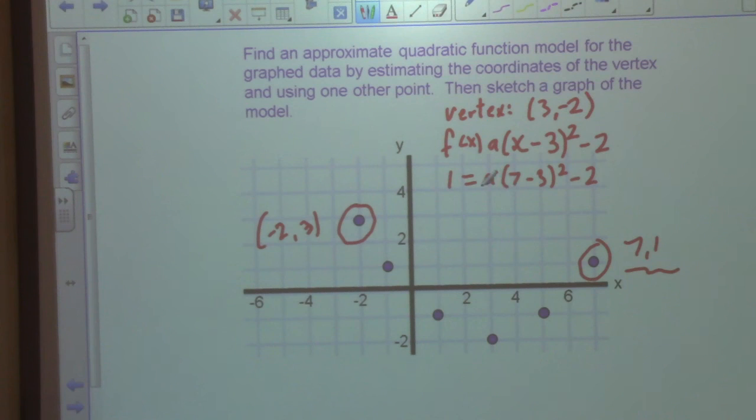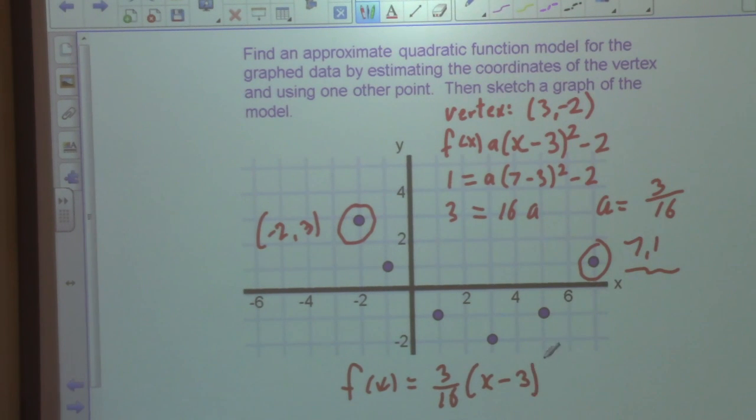Next, if you added 2, you would get 3 equals 16a, right? So a is going to be equal to 3/16. So we would have f of x equals 3/16 times x minus 3, quantity squared, minus 2.